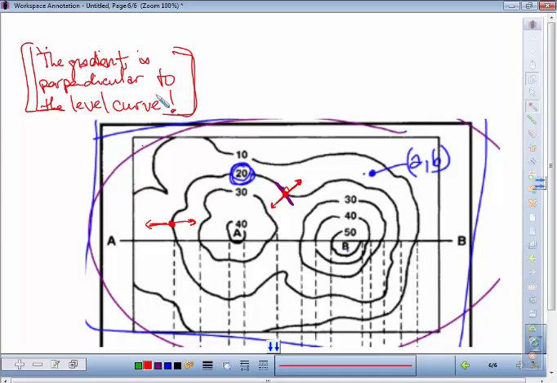Should we do fact number 2, or should we try to look at this from a 3D point of view? 3D? Let's go 3D.